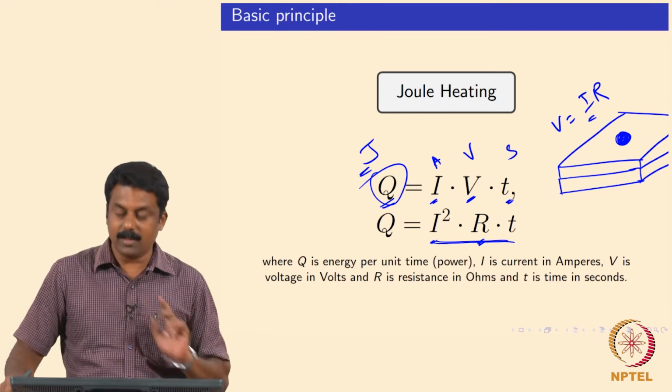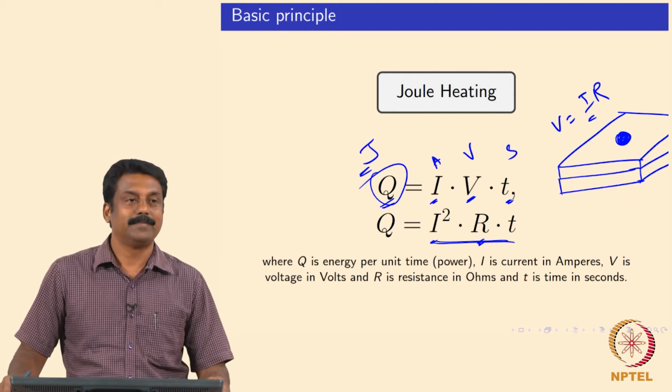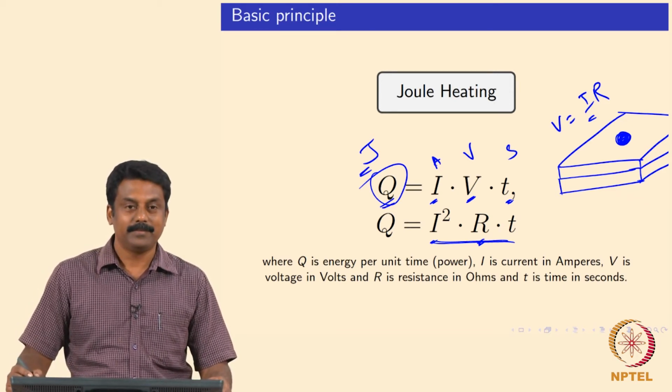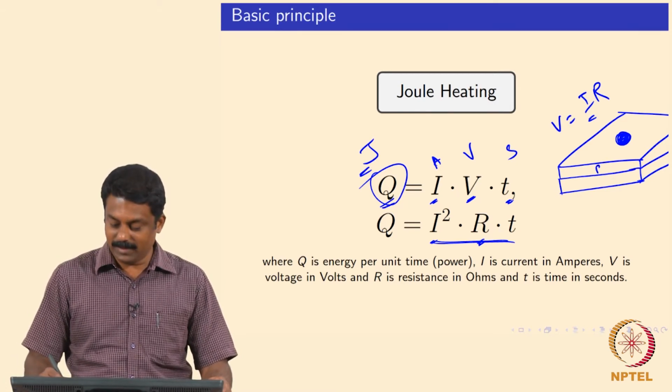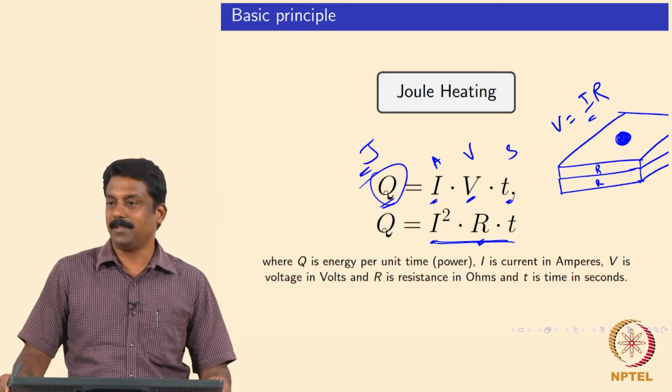So, what is R for this configuration? Sheet resistance, bulk resistance, that is it. So, R of this and R of that will determine the heat generation, yes or no?